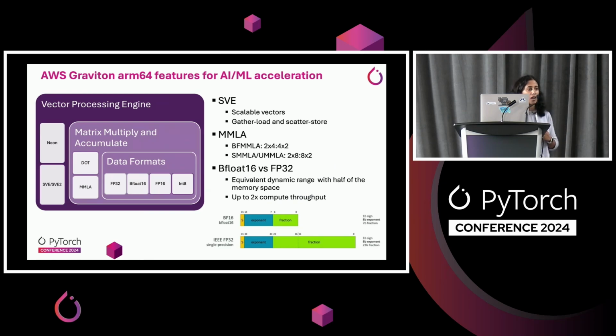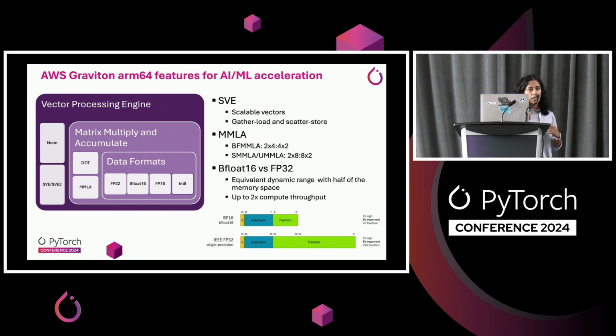Starting with the hardware, Graviton processors support both Neon and SVE vector units. Probably most of you are aware that Neon is a vector unit that mandates fixed length vectors from the software. SVE relaxes that requirement. It provides great flexibility in unrolling the loops and in how much software can be vectorized with SVE.